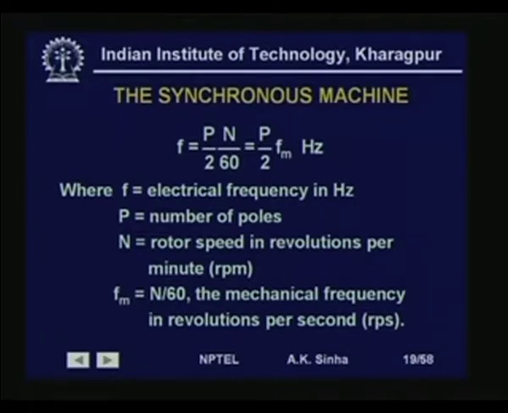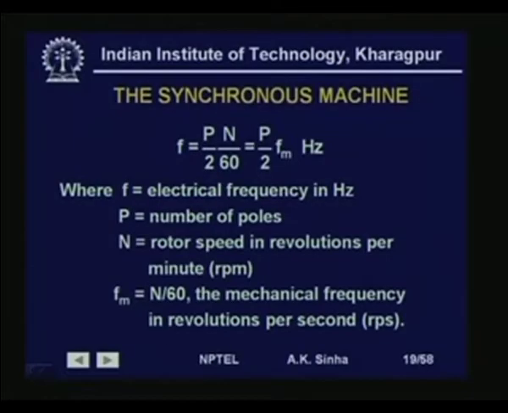Now, synchronous machines have a fixed relationship between the speed and the frequency, and this relationship is given by the frequency f is equal to p by 2 into n by 60, where n is the speed in RPM for the rotor and p is the number of poles of the synchronous machine.